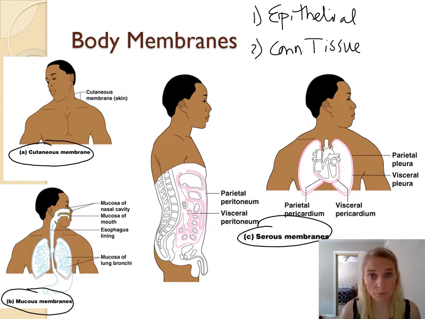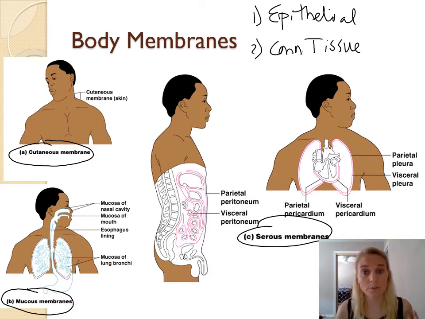Mucous membranes are the membranes that line the cavities of your digestive tract, your respiratory tract, your urinary tract, your reproductive tracts, all of these tracts that have openings to the outside. So the mucosa of your nose, in your mouth, your esophagus, your trachea, your stomach, your small intestines, your urinary bladder, your urethra, those are all lined by what we call mucosa. And their epithelial layer varies depending on what it is.